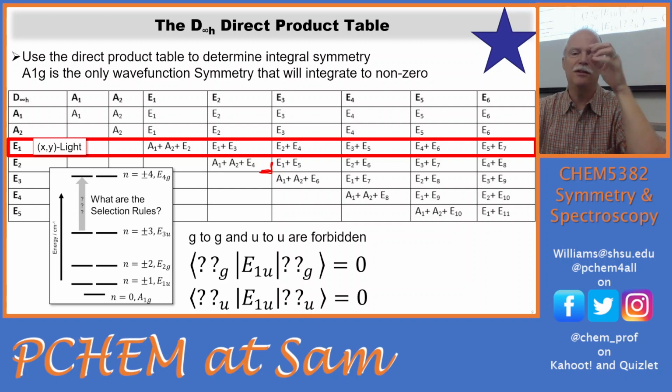Okay, so that was one of the things that paper did. I think it made a contribution. If people need an expanded D-inf-h direct product table, they can get it from that paper that Victoria and I wrote. Because what's missing here, we have the E1 times E2. So we had adjacent products, like you see what I mean by adjacent.